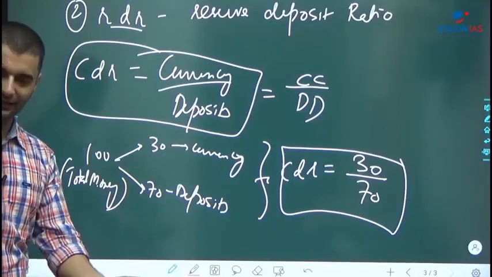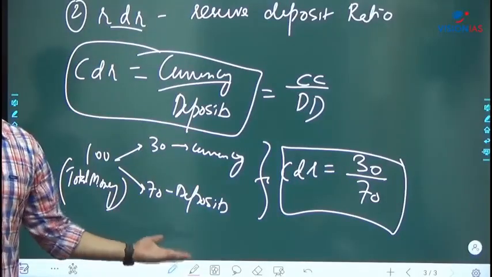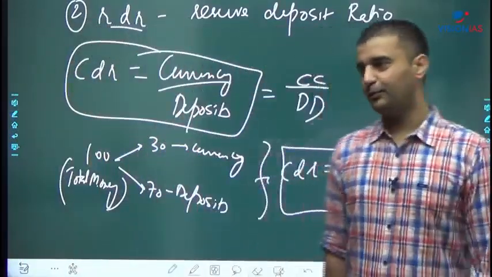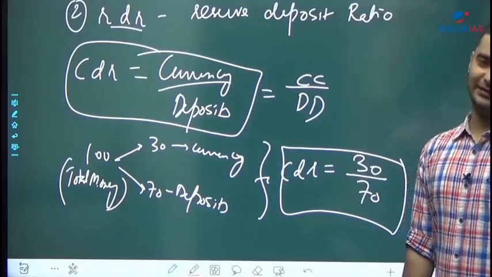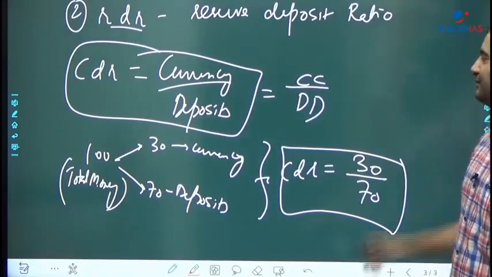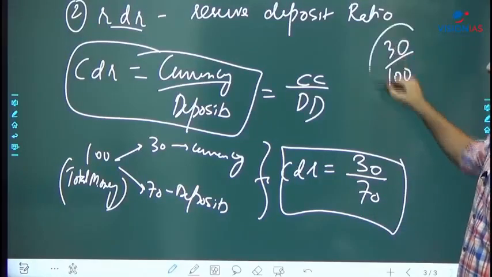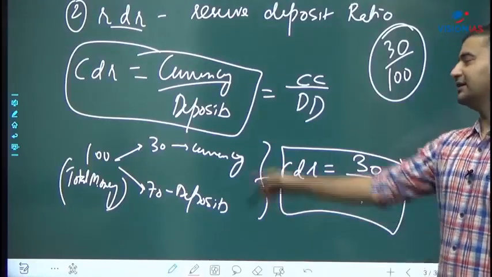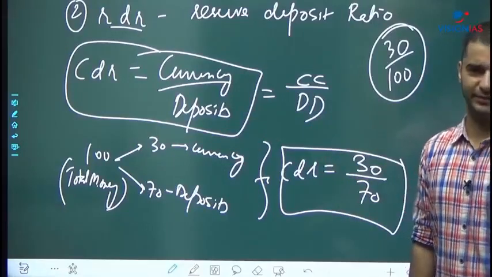I expect you can visualize where people would generally make mistakes. When asked what CDR is, some might say CDR is 30 upon 100, currency divided by total money. This is where mistakes are made in prelims.